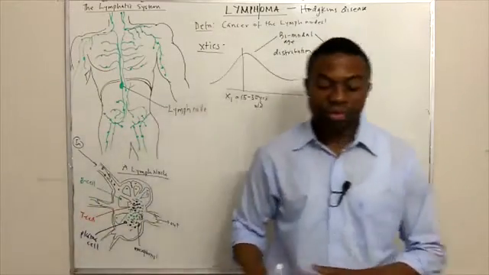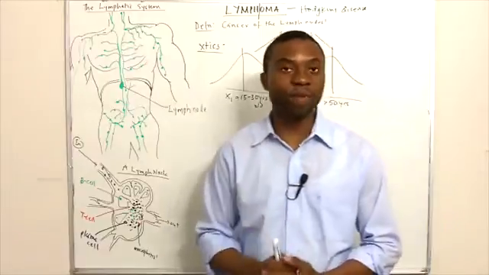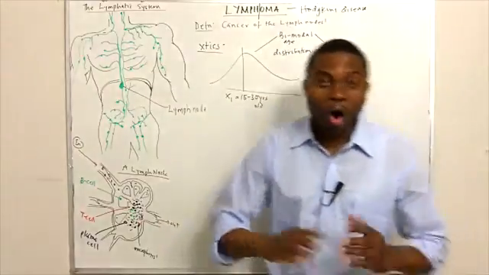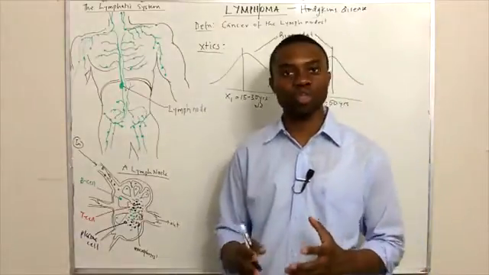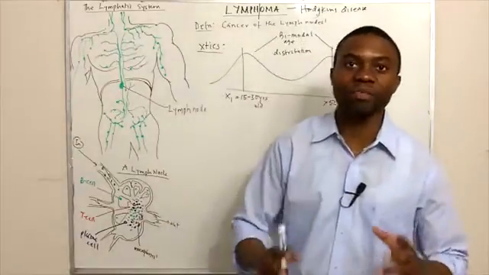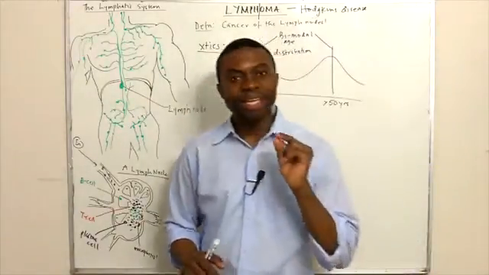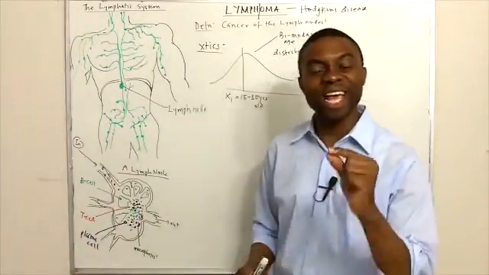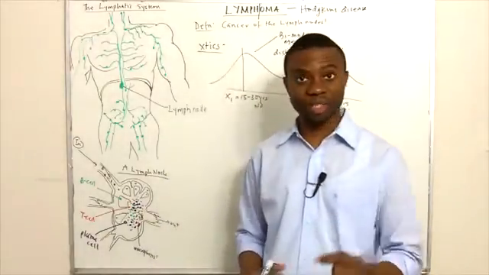Now, the lymph node is the bread and butter of Hodgkin's lymphoma. All lymphomas have lymphadenopathy. They are all swollen. So if you don't remember anything, that is very, very common to all lymphomas. The lymph node histology is actually going to tell us what kind of Hodgkin's disease you have.